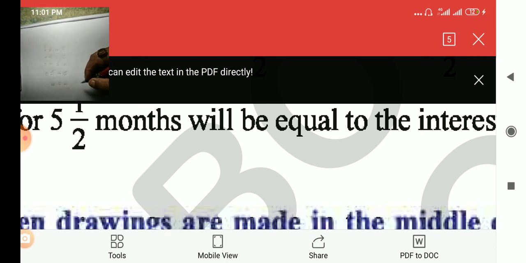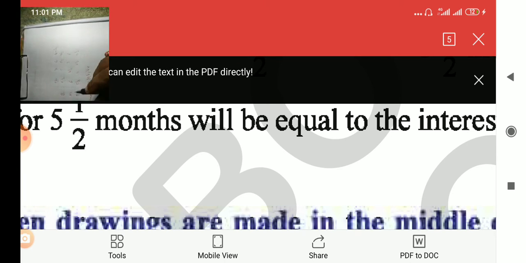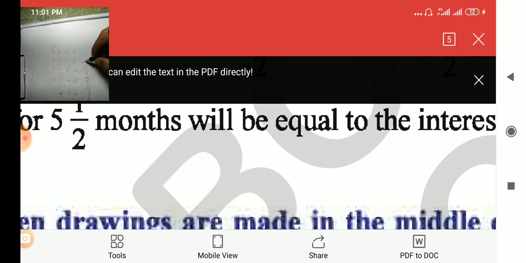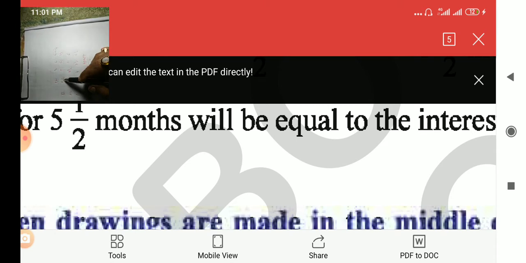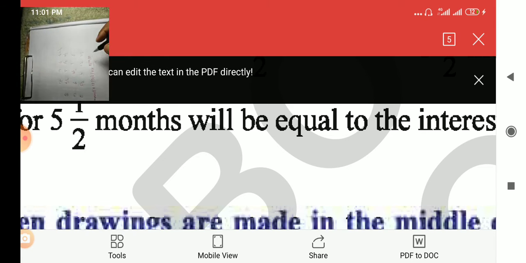And one formula we can use for this: amount into 12 if 12 months, 9 if 9 month, 6 if 6 month, 4 if 4 month, upon 12. Beginning or mid or end, we will take the months 6.5, 5 or 3.5, any month, into rate upon 100.